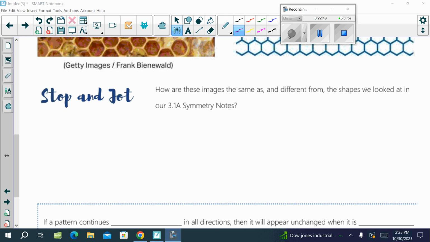They're continuous instead of just one big. Okay, so we've got continuous shapes instead of just one we did in the last set of notes. Good. So that would be a good difference. We can write that down.